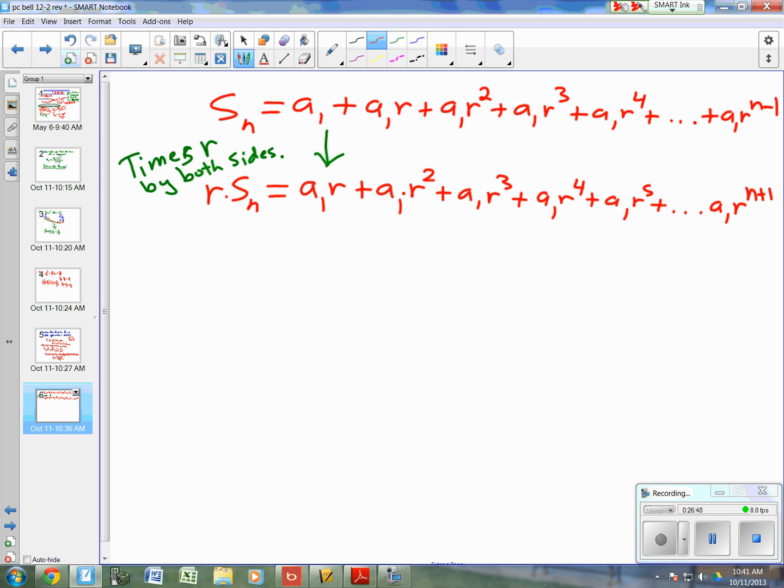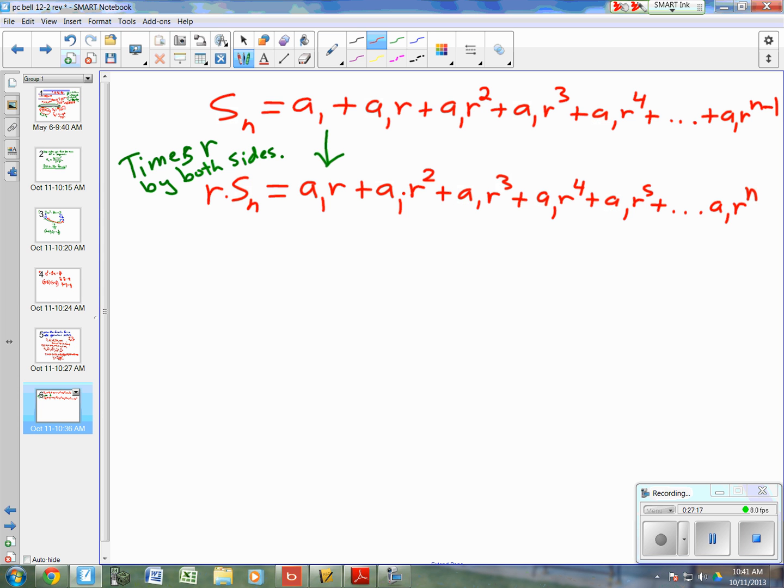The third term has two r's. There's always one less r than the term number, right? Would that mean that instead of plus 1, it would just be n? Yes, exactly. That's why I knew I was doing something wrong. So right here, this would just be a sub 1 r to the n minus 1, right?